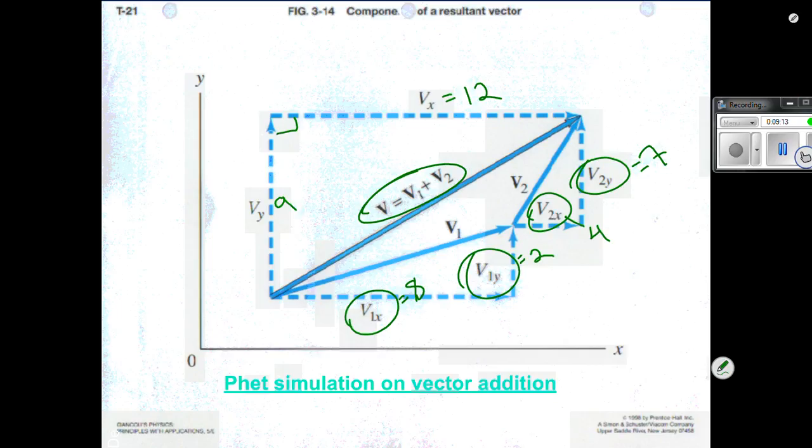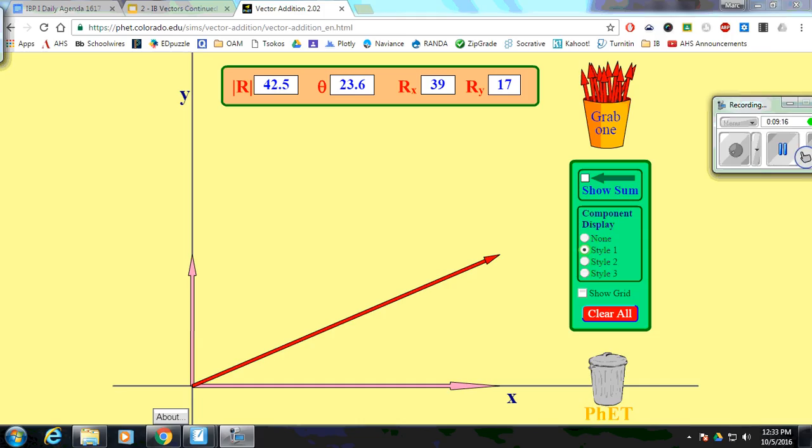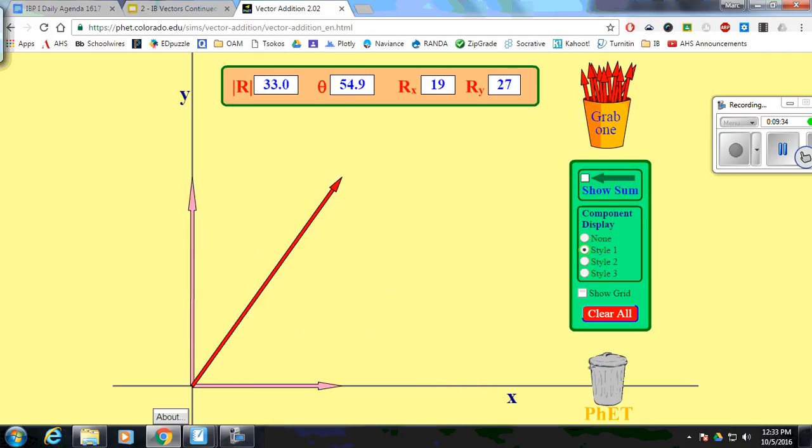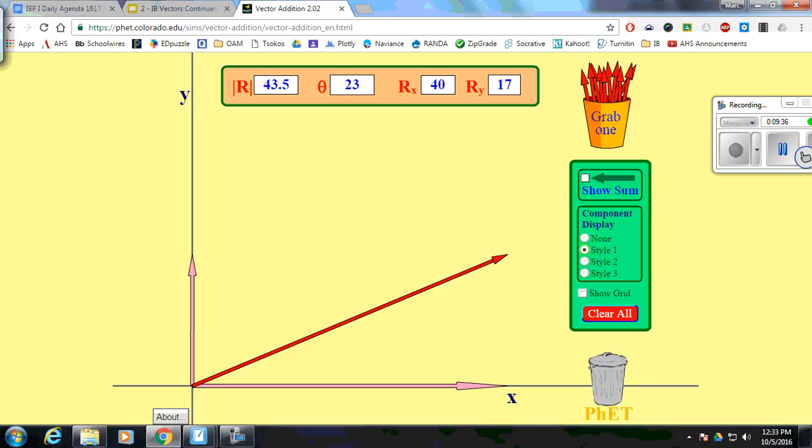Okay? So the cool thing about the simulation that I was hoping you were able to see a little bit yesterday is it draws the components for you, right? So the red thing, there's my vector. The pinkish purple lines, those are my x and y components. And notice that when I move this around, those components change. Yeah? And they give us values up here of what they are.